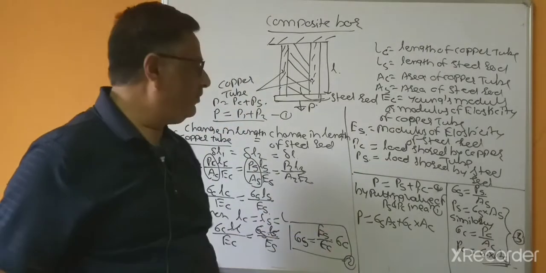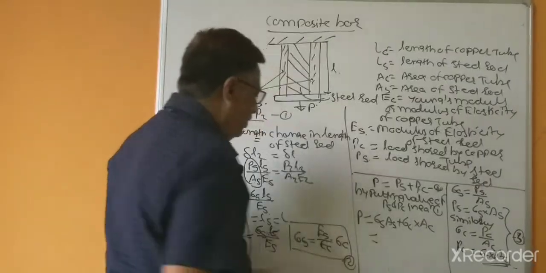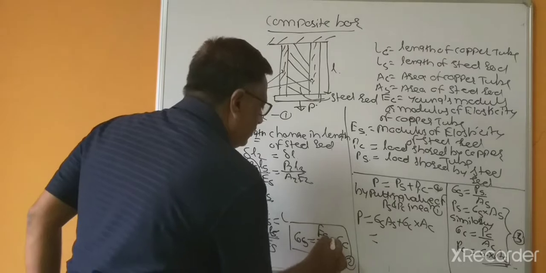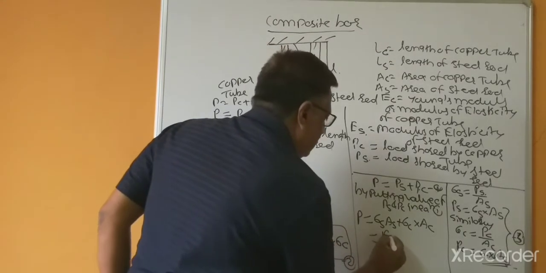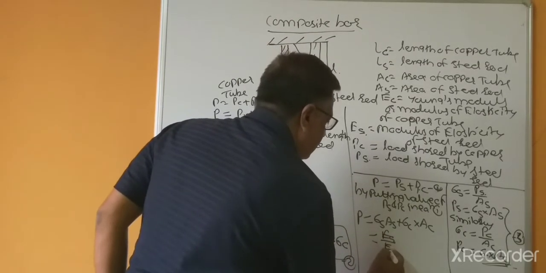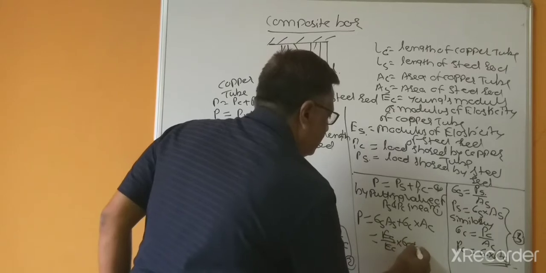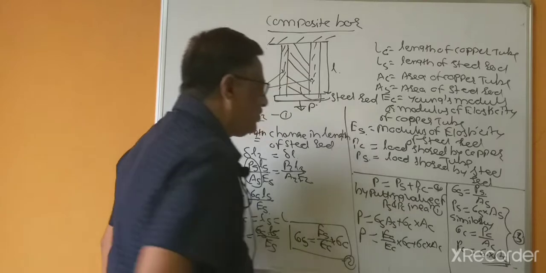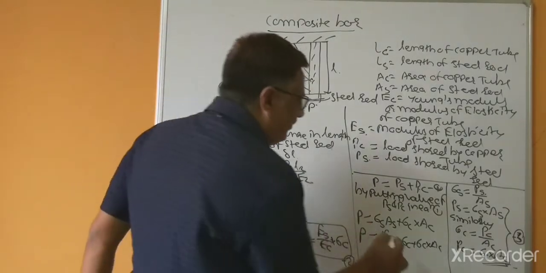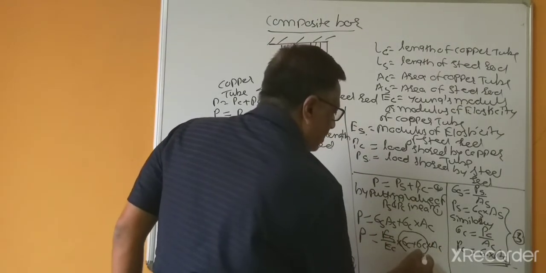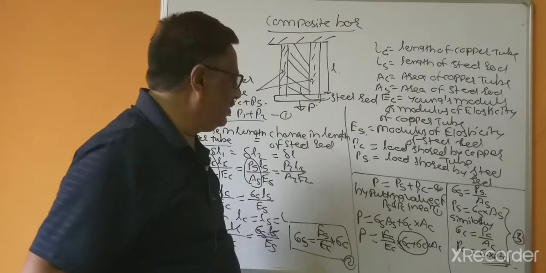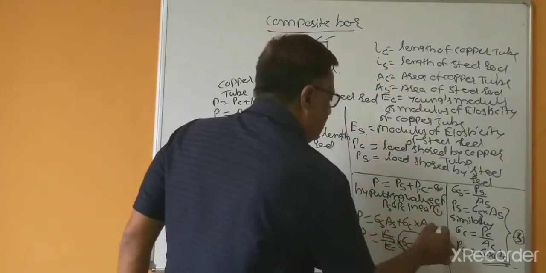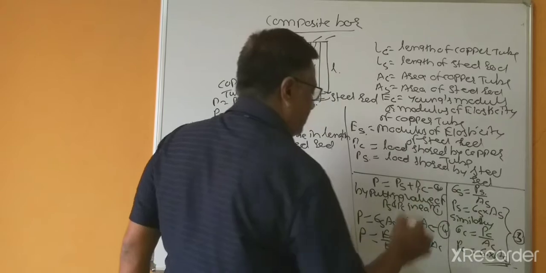Now this load is known, so sigma S equals ES divided by EC multiplied by sigma C, plus sigma C into AC. Here there is only one unknown, sigma C, and you can calculate it. This is the final equation, the fourth equation.